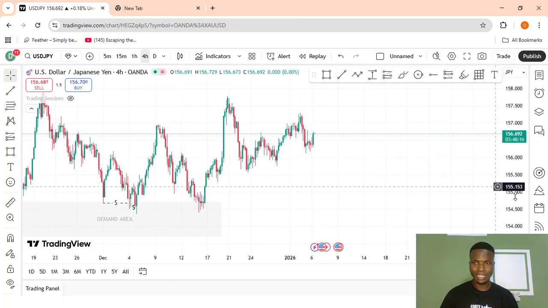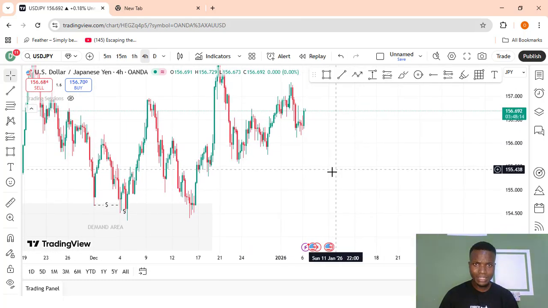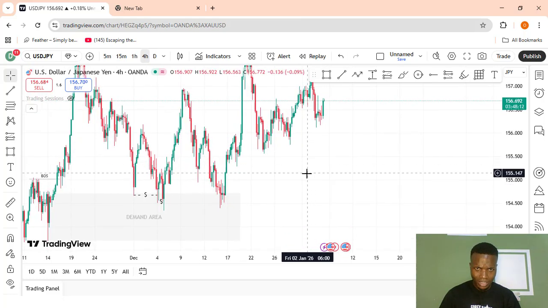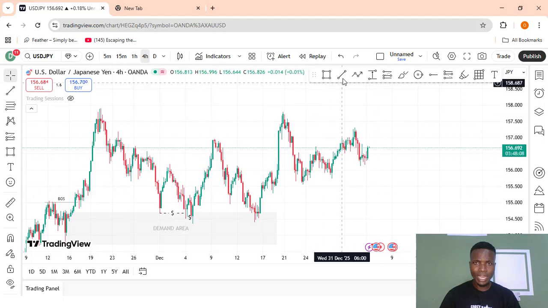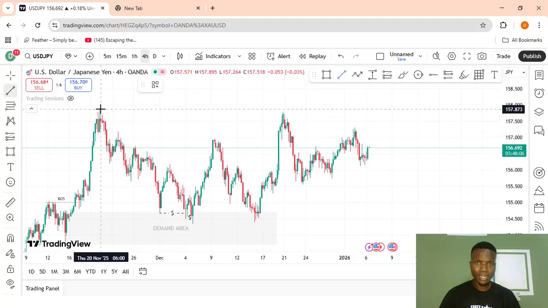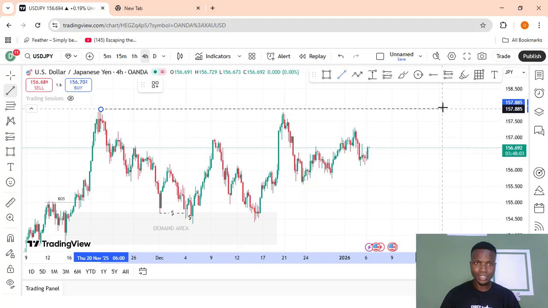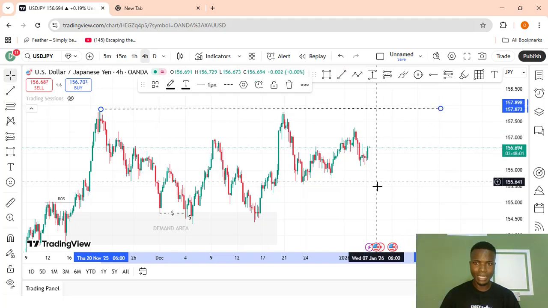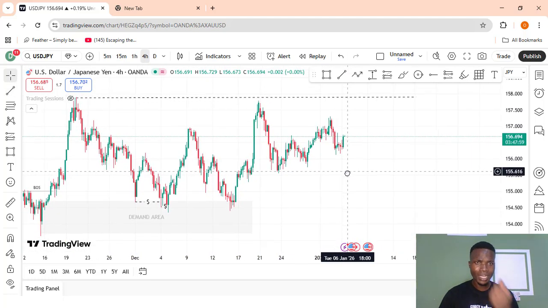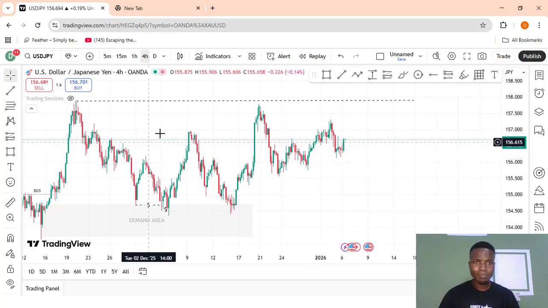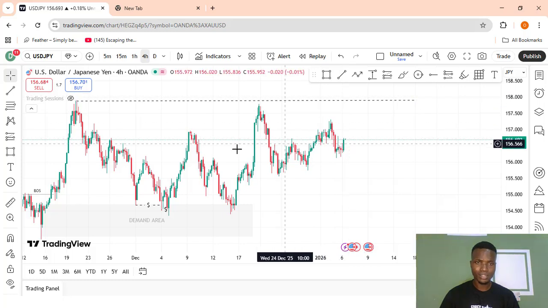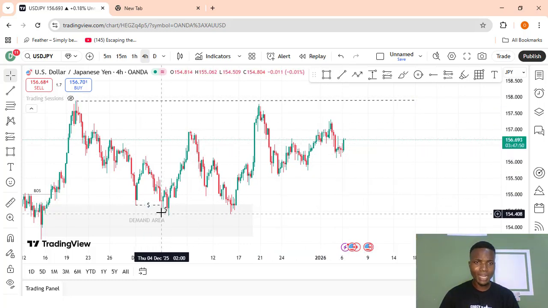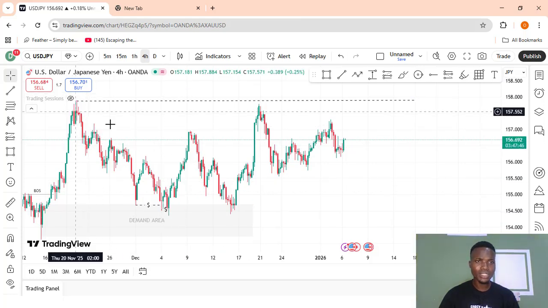Okay, so if I'm going to trade this pair right now, what I can see in the market is that we have the highs here. This is the highest price of the market. Okay, and I can see that the market was supposed to break through these highs, because the moment the price respected this demand area, price was supposed to break through this recent high.